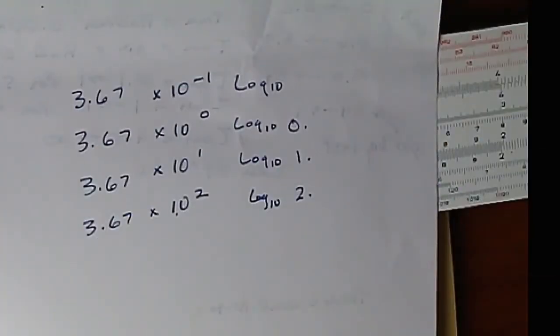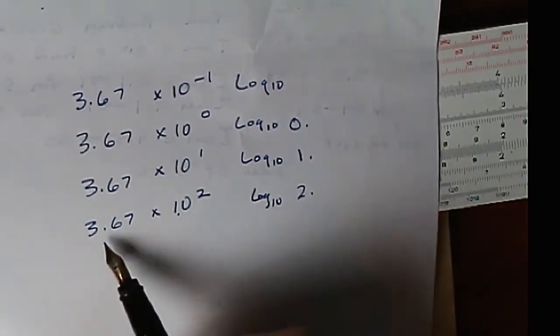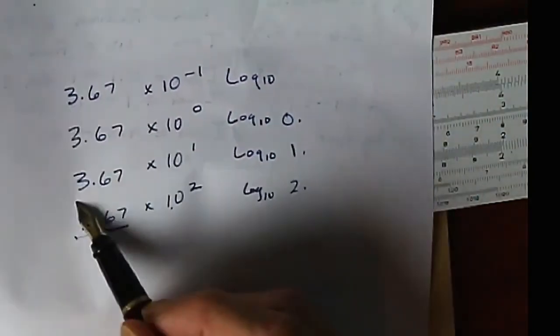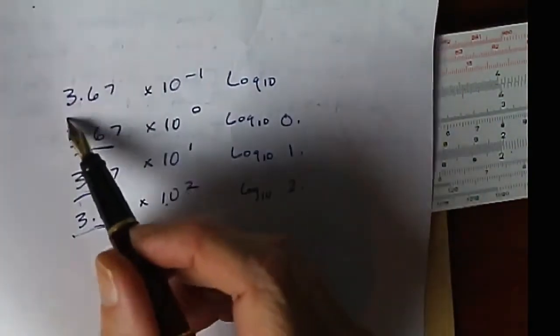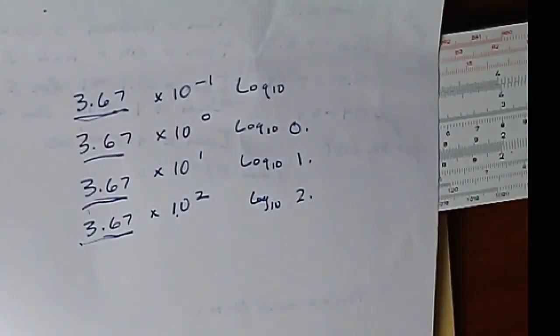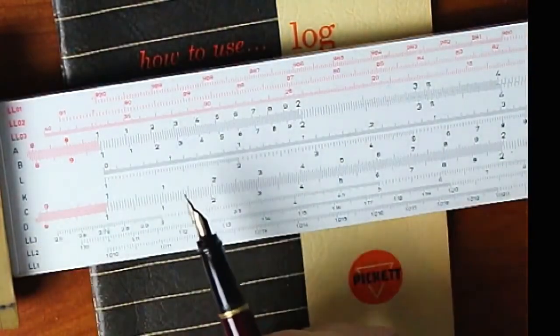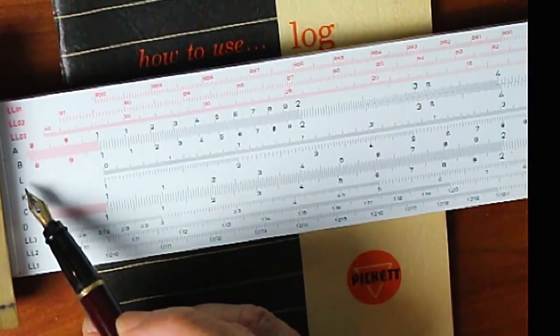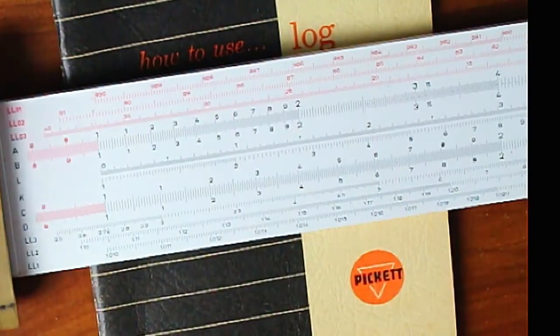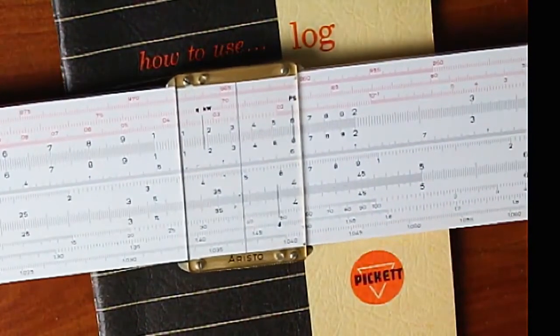Now when it comes to the log scale, finding the mantissa is actually rather easy. All you have to do is take the number that you're raising to a power of 10 and find that number on the log scale. So on this slide rule, the L is right here underneath the B scale, and that's the log scale. So all we have to do is come up here.